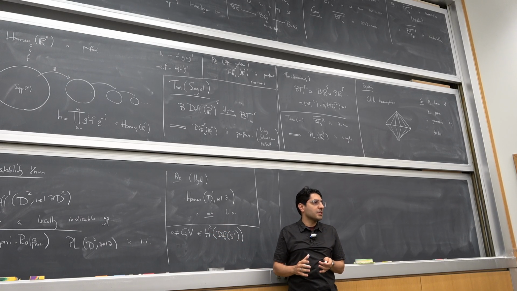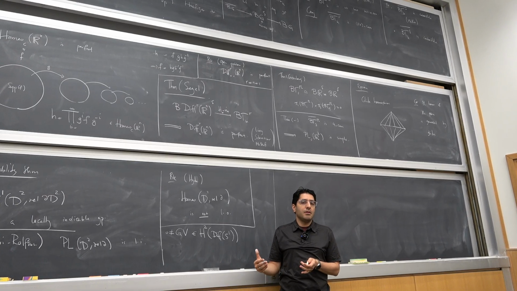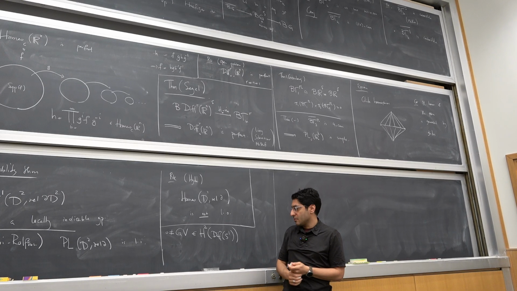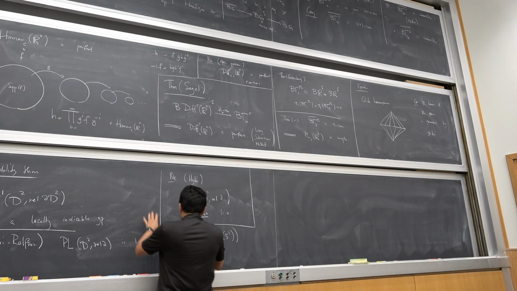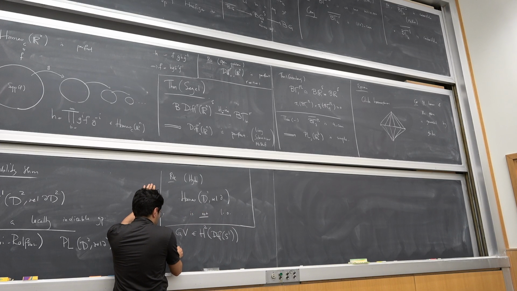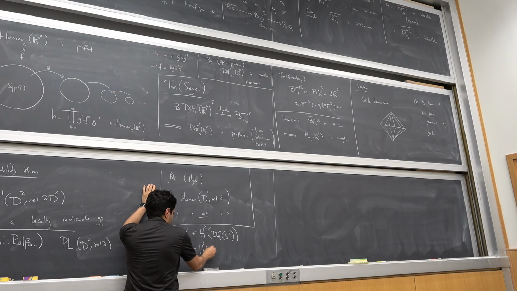Okay, so if something has a vanishing Godbillon-Vey, can we show that it's actually null-bordant? So that's a hard geometric question. And the same thing also exists in PL. So there is this Godbillon-Vey class, again non-trivial in H2 of PL.